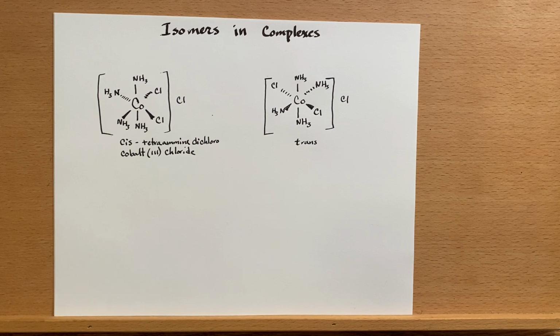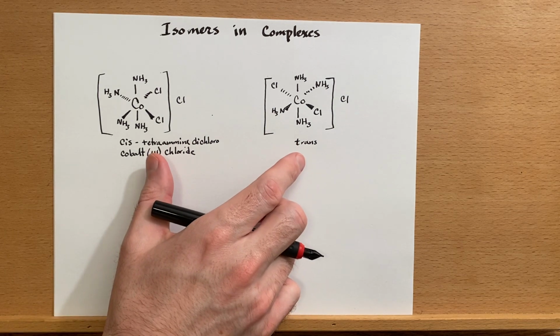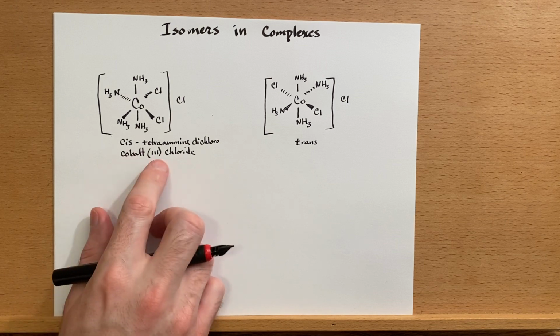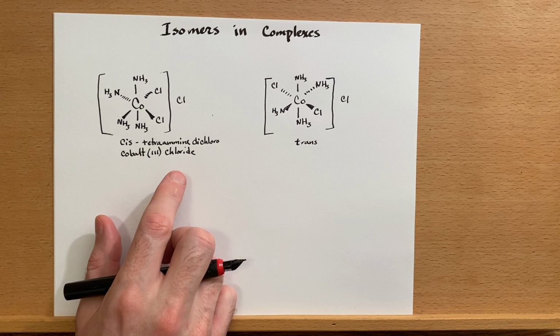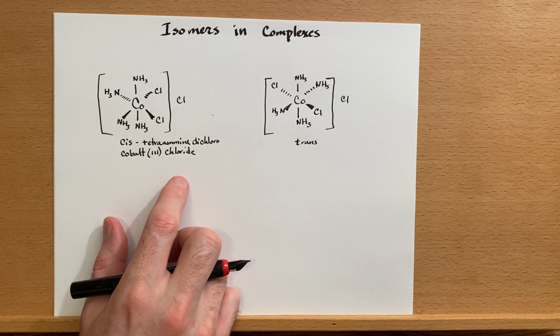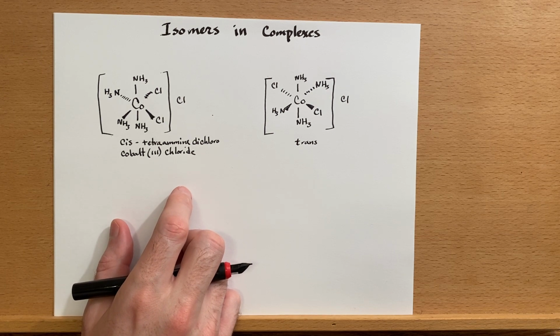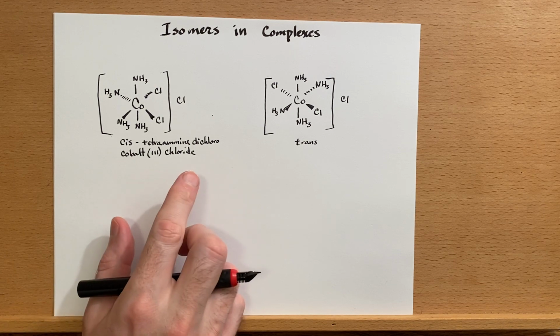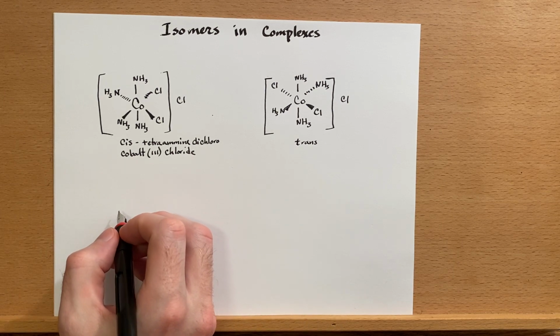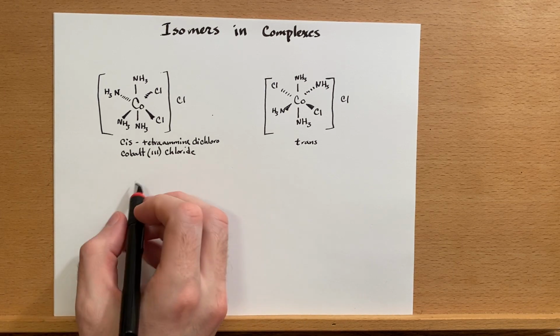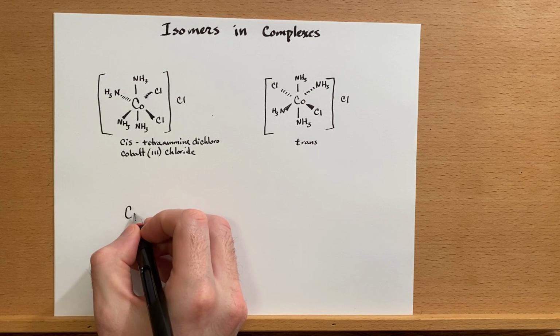Well, we'll have to change the complex because tetraamine dichlorocobalt 3 chloride cannot have facial and meridian isomers. We actually need 3 ligands that are the same, and I'll just keep the other 3 the same as well. So we'll have, say, triamine trichlorocobalt 3 chloride, and we'll draw that. And there are 2 isomers for this complex.